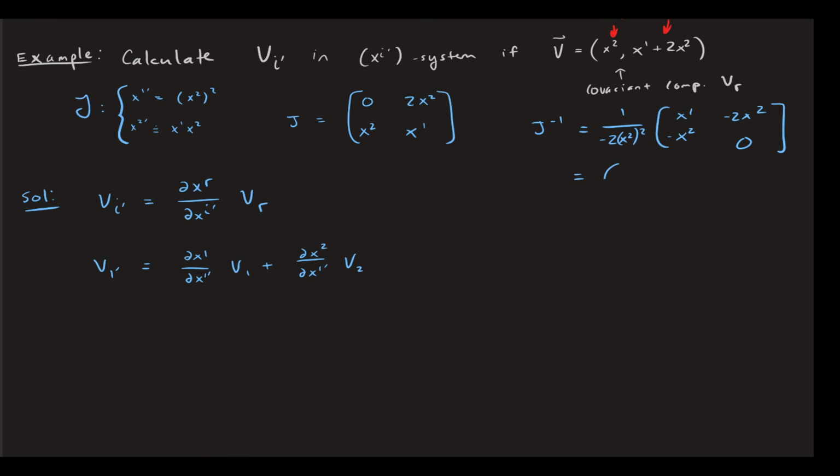Which would be negative 1/2 x1 over x2 squared, 1 over x2, 1 over 2, 1 over x2, 0.